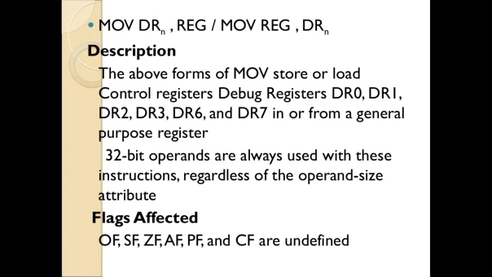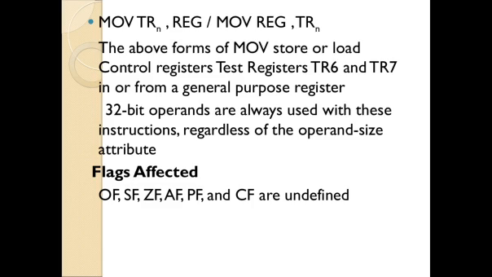Same, we can move contents from a general purpose register to the debug register or from a debug register to a general purpose register. So the instructions are MOV DR, register and MOV register, DR. The flags OF, SF, ZF, AF, PF and CF are undefined. Same way, we can move contents from a test register to a general purpose register or from a general purpose register to a test register. Two test registers are there, TR6 and TR7.